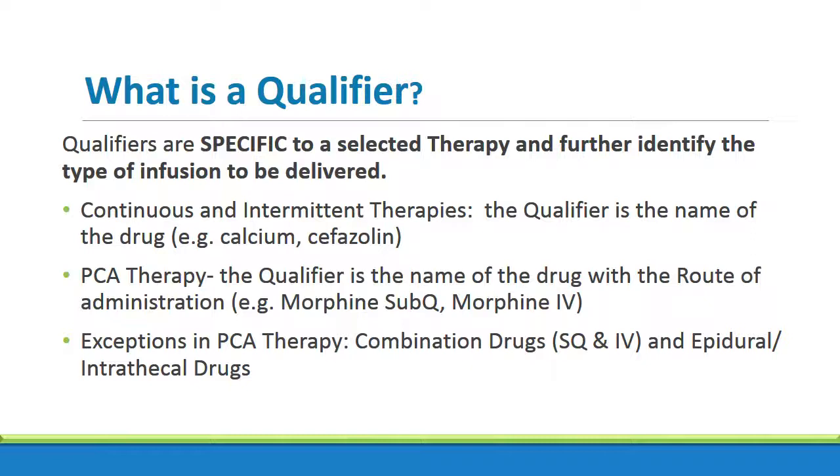For example, you can administer a higher volume of fluid intravenously than you would subcutaneously. So for the PCA qualifier, the route of administration will always be included with the name of the drug. For example, morphine IV and morphine sub-Q. There are a few exceptions to this, which we will highlight further on in the presentation.